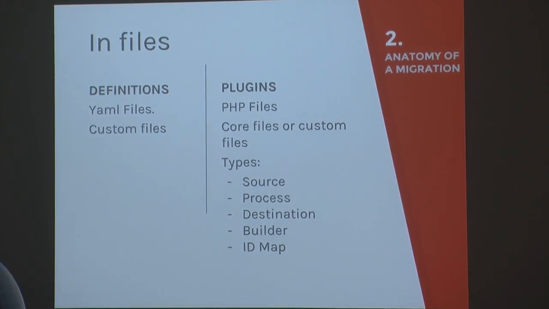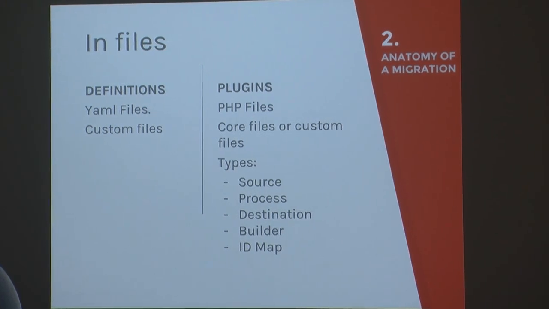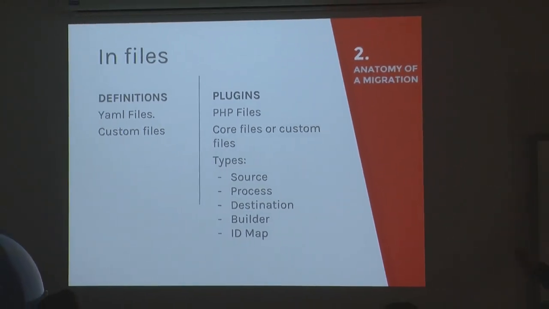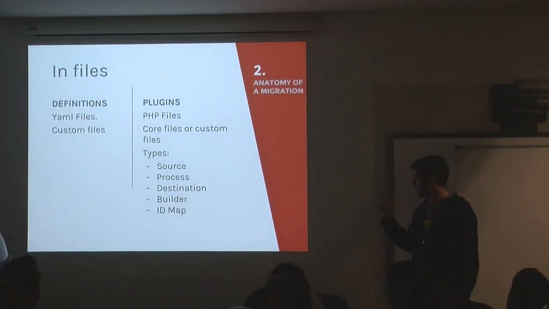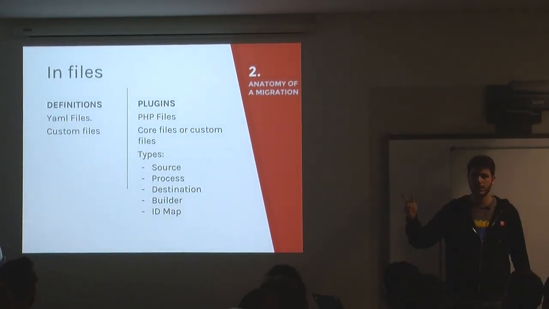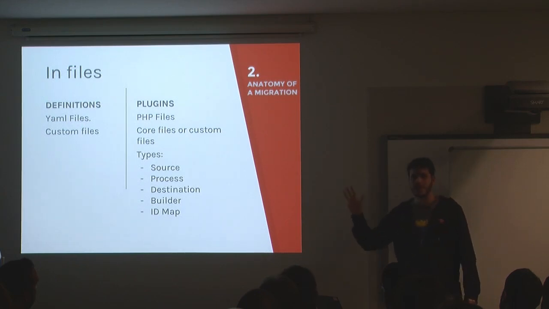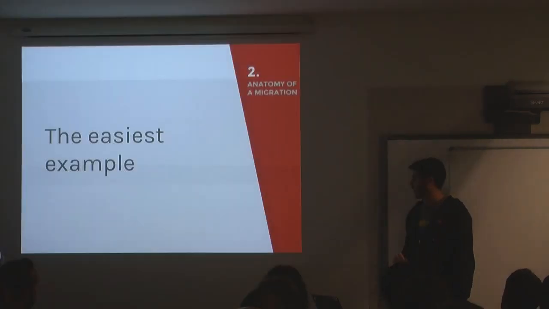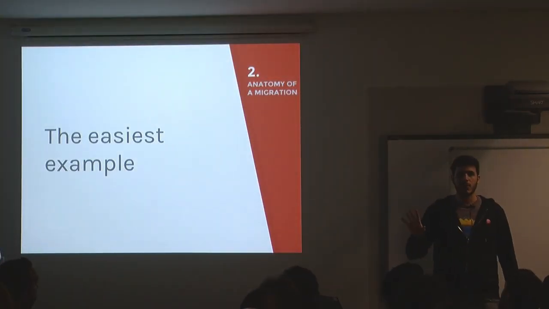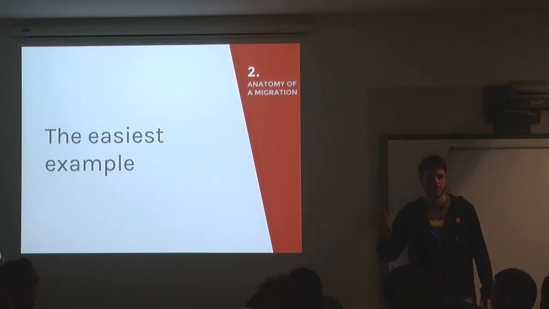They could be custom files or core files or contrib plugins, okay? There are 5 kinds of plugins: source, process, destination, builder, and ID map. Let's take a look at the easiest example.